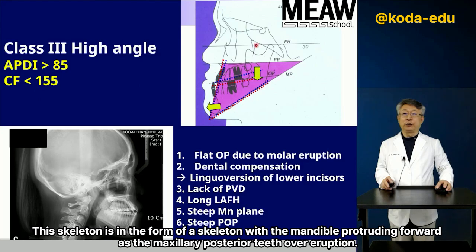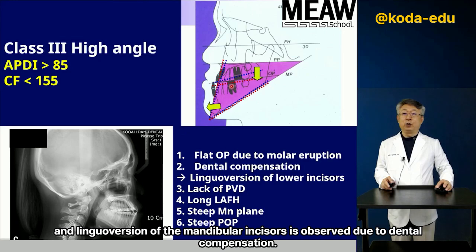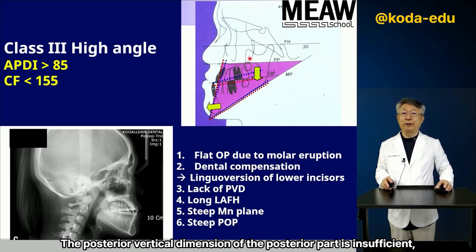This skeleton has the mandible protruding forward as the maxillary posterior teeth over-erupt. Mandibular plane angle is small, and linguoversion of the mandibular incisors is observed due to dental compensation. The posterior vertical dimension is insufficient.